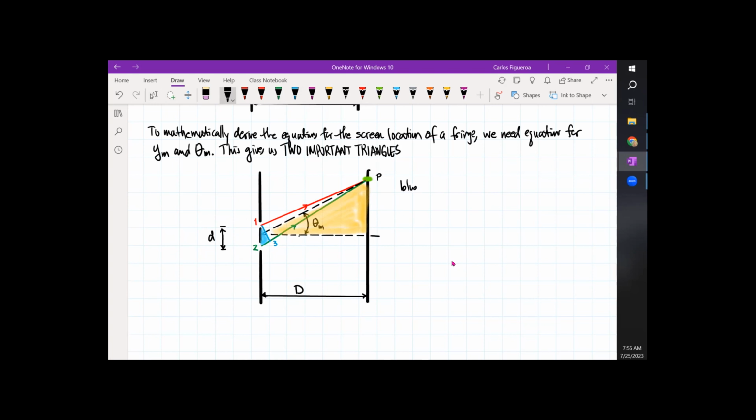The blue triangle is the triangle of 1, 2, and 3. And then I'm going to label the yellow triangle A, B, and P. So then the yellow triangle is, and I'm going to use the angle symbol for A, B, P.